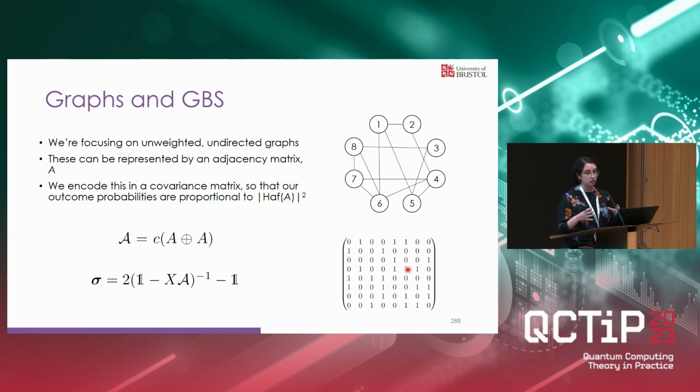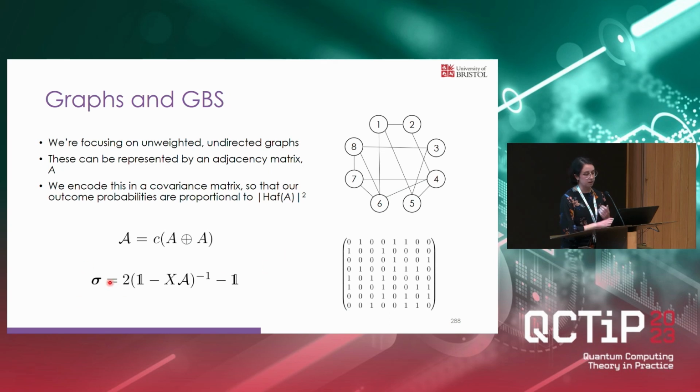And what we're going to do is encode this in the covariance matrix that our Gaussian boson sampler produces, so that our output probabilities are proportional to the hafnian squared of submatrices of this adjacency matrix.